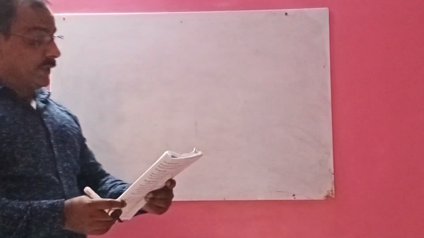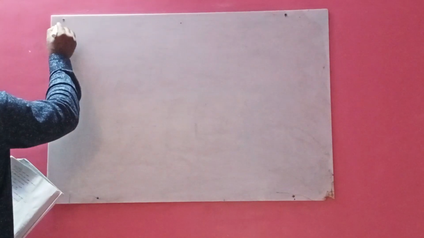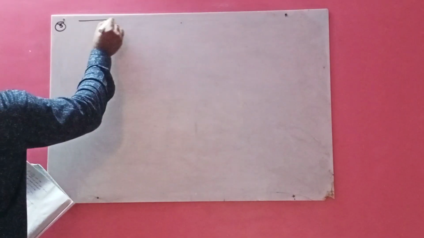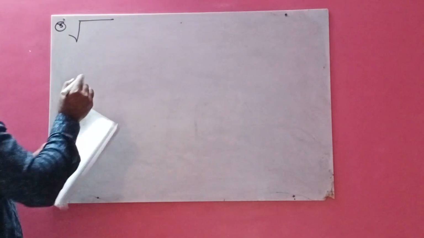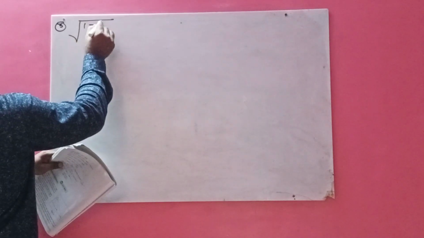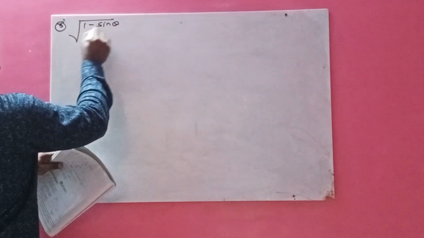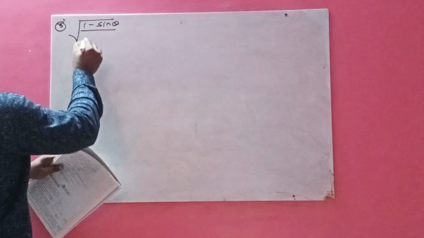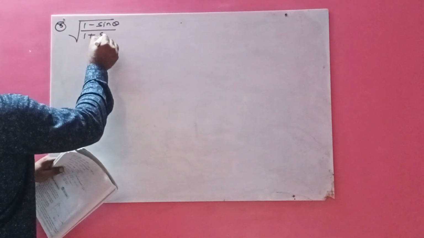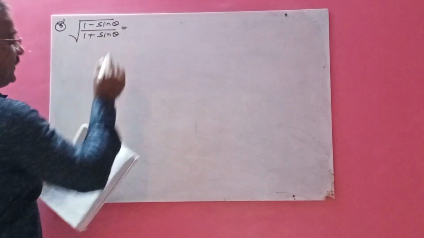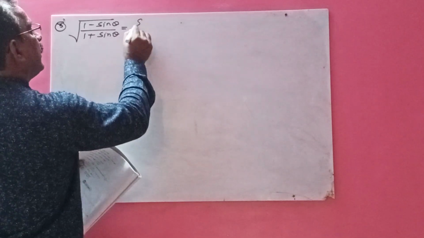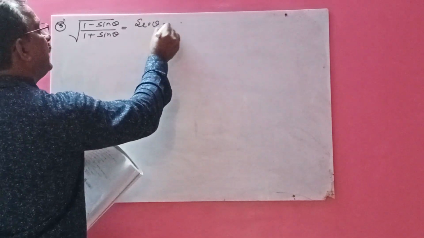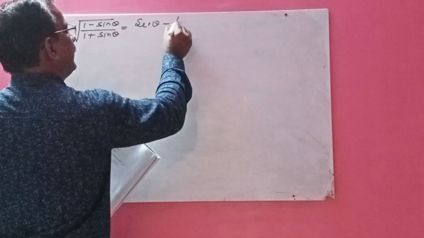Now see question number 3. Root of (1 minus sine theta upon 1 plus sine theta) is equal to sec theta minus tan theta.